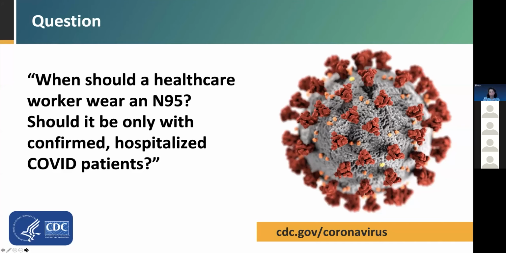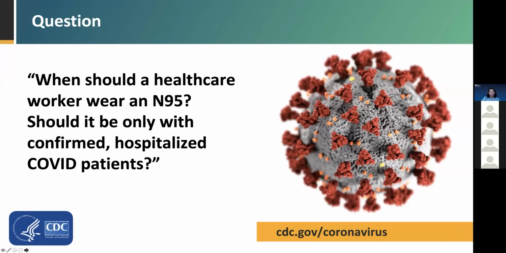And then lastly, an N95 can also be used, or it's an option to be used, for source control. For source control, there are several options that can be used. We indicate that in the guidance, and it's in that first guidance that Alex mentioned, which is the interim infection prevention and control recommendations for healthcare personnel during the pandemic.